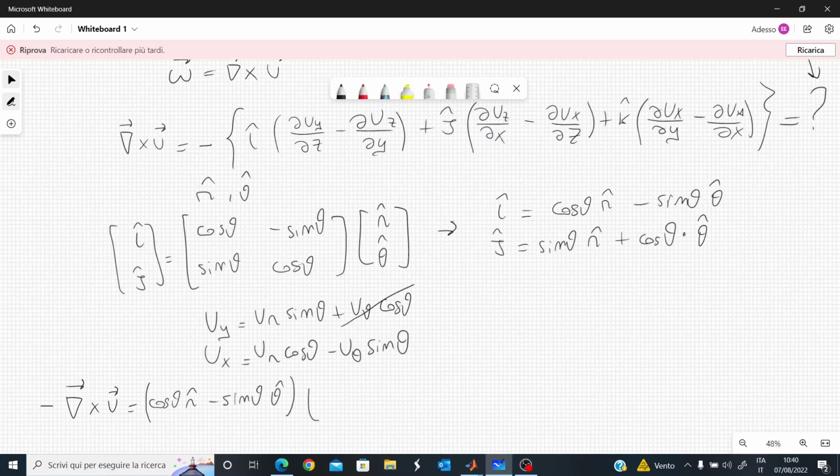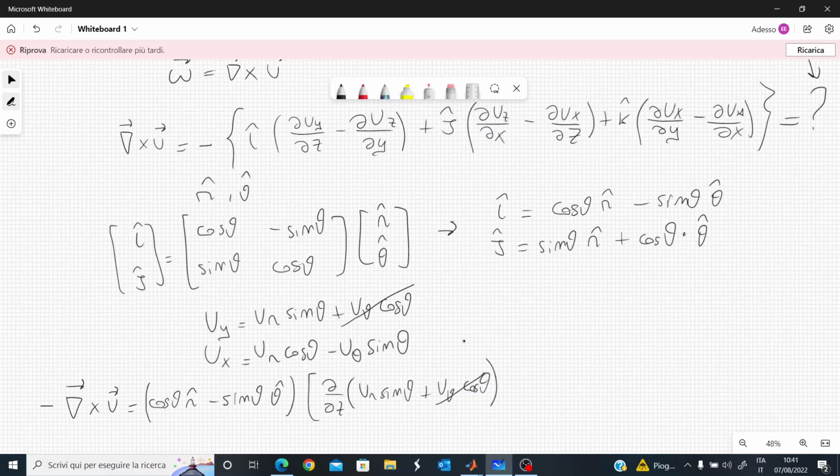and then I have d over dz, which remains the same, applied to u_y, but u_y is u_r sine theta plus u_theta cosine theta. This will go to 0.